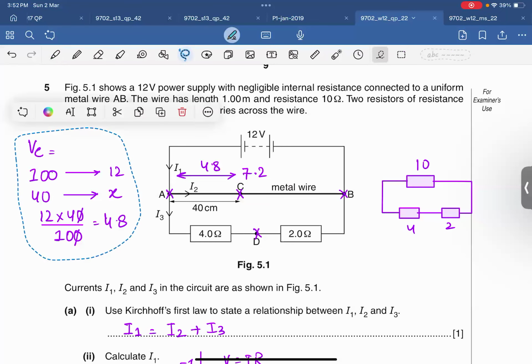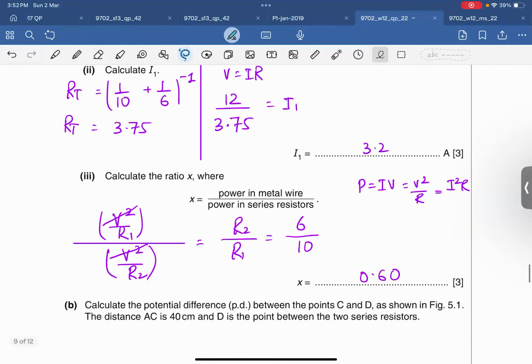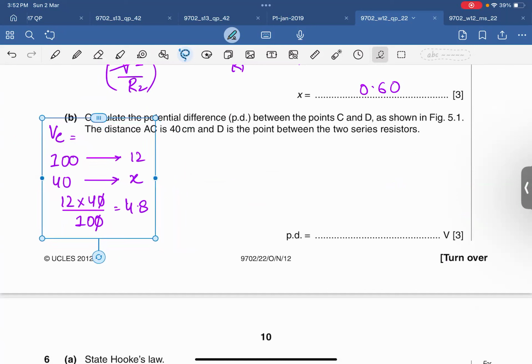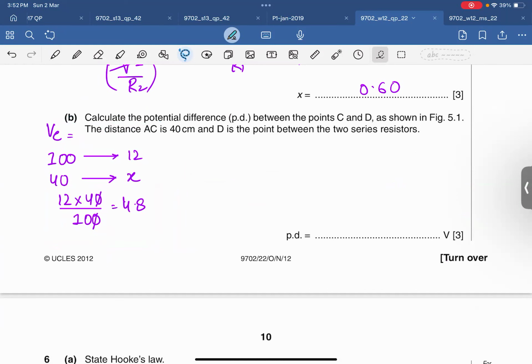Guys, is that clear? उसको यहाँ पे लगा देते हैं. Paste. Okay. So PD at AC is 4.8, so voltage at C is equal to 7.2.